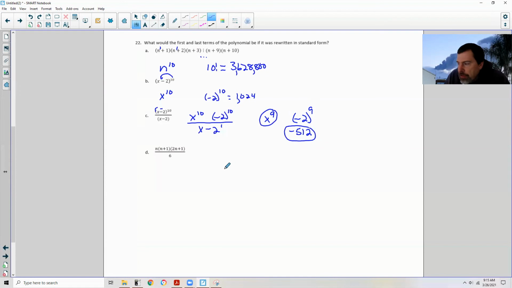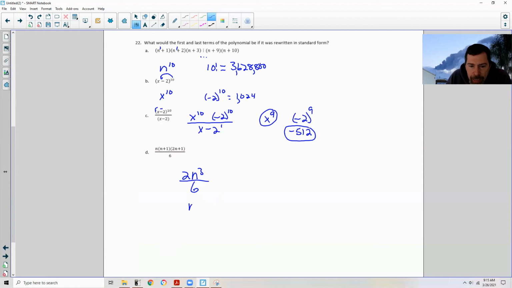Okay? In this one, n times n is n squared. n squared times 2n is 2n cubed. I'm dividing by 6, so it won't change my first term. There's my first term. Or will it? Yes, divided by 6.